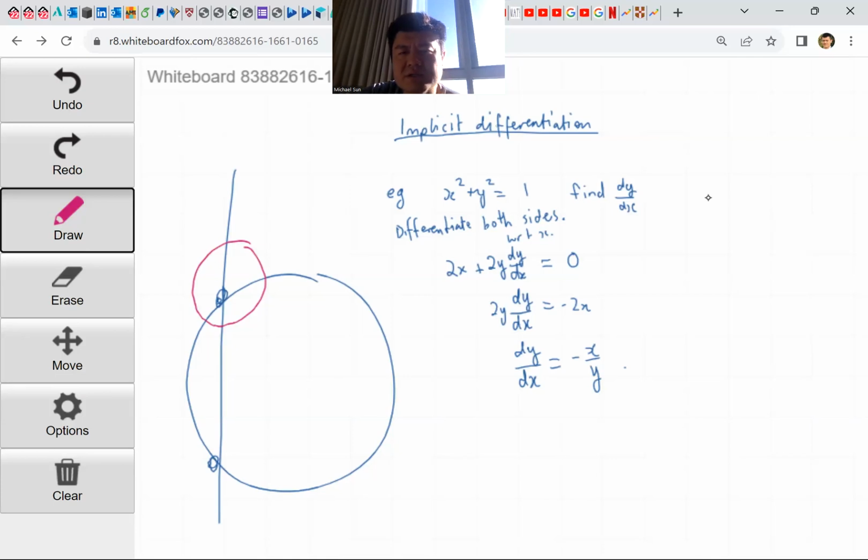The word implicit really takes care of the fact that it's not really a function, but you can still get the derivative anyway by pretending it is a function. So there's actually a lot more that needs to be justified than just differentiating both sides. And then obviously the high school stuff, you might have to realize that y cannot be 0 here as well, so it's not quite defined, but that's more a minor thing.